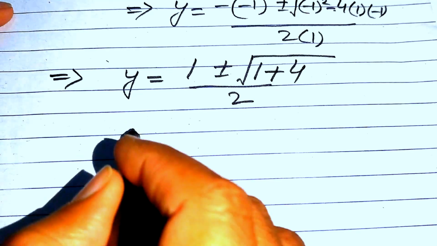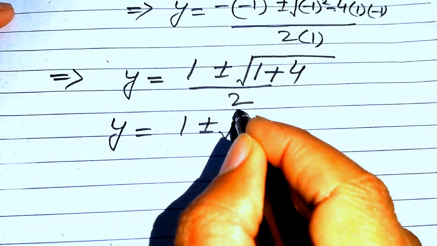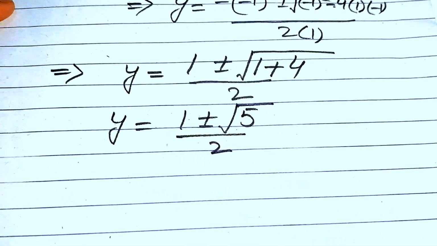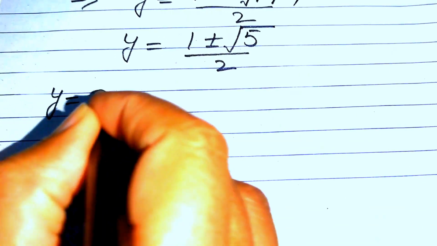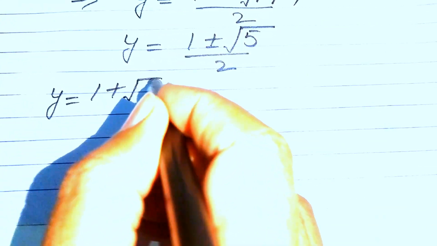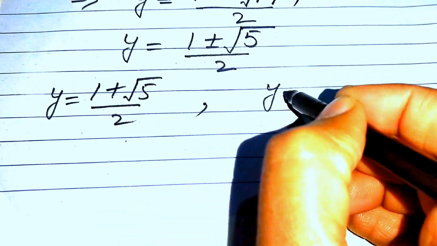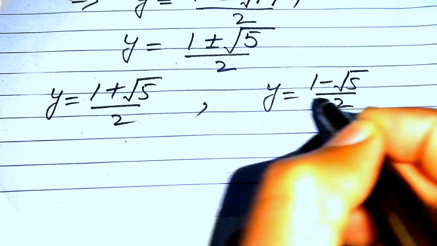With a little simplification, it becomes 1 plus minus square root of 5 divided by 2. Now we convert this into two parts. First the positive value, which is 1 plus square root of 5 divided by 2, and the negative value, which is 1 minus square root of 5 over 2.